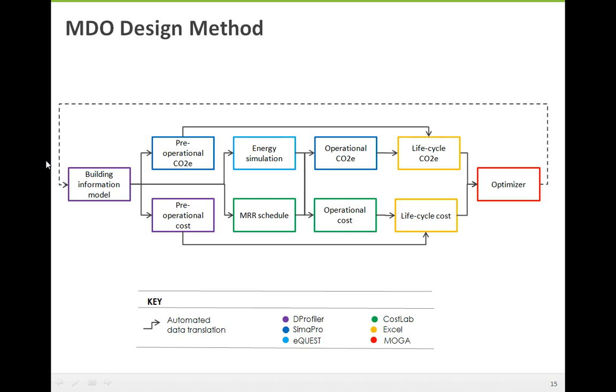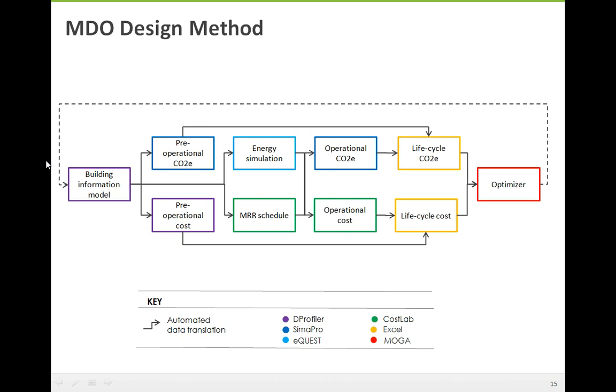We have a tool called CostLab, which is a web database available to owners. You give it some basic information about the building, and it computes operation, maintenance, repair, and replacement costs over the lifetime of the building. So that's repairing pieces of the mechanical system, repairing the facade, annual maintenance costs, all those types of costs are calculated in that program.